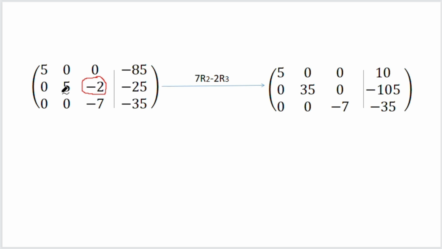And therefore, this is going to be 7R2, of which 7 times 0 minus 0, of course, I'm going to be getting 0 here. Then 7 times 5 minus 2 times 0. So that means that here I'm going to be getting 35 in this case, of course. So then these two will be giving us zeros.